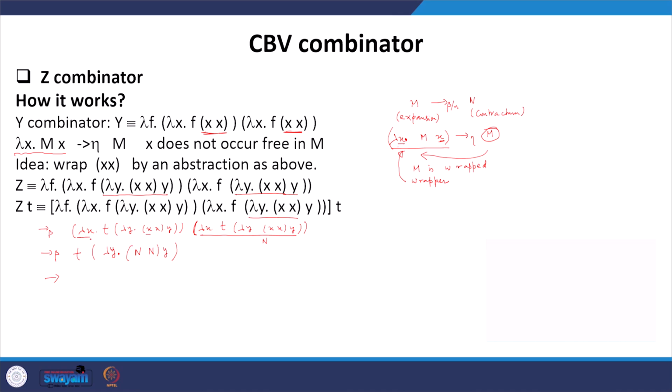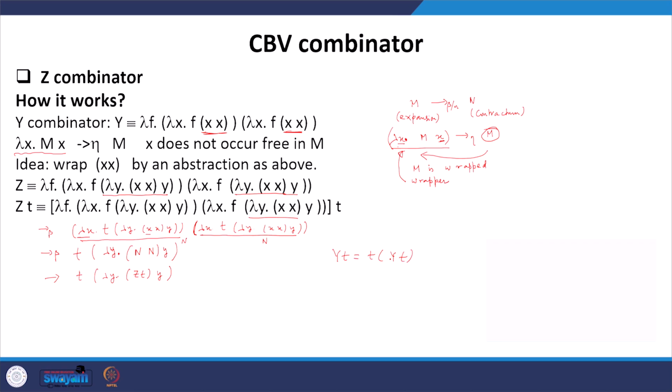See, this is n, this is n, this is n. So this is actually obtained by Zt. So we can write here λy, nn is essentially Zt, and this is y. So here you see that Zt, that was earlier what we got, Yt is tYt.